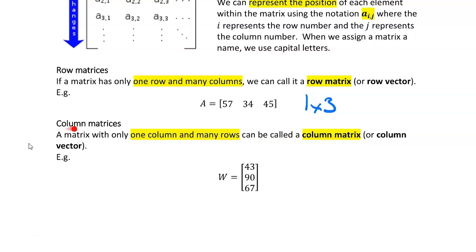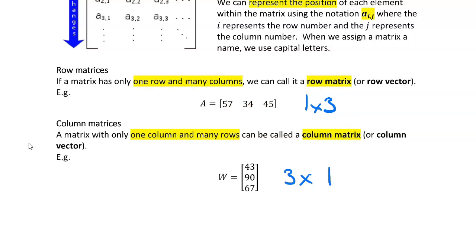We have column matrices. So here we have one column and many rows, which is called a column matrix. You can see I've got 1, 2, 3 rows and 1 column. So that makes it a 3x1. Now it's worth noting that these are very different, aren't they?